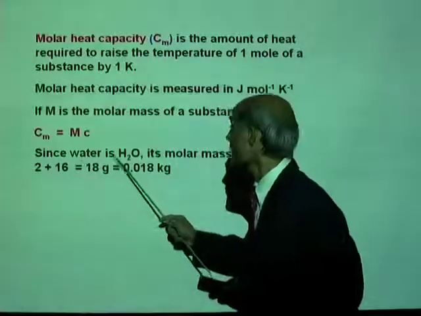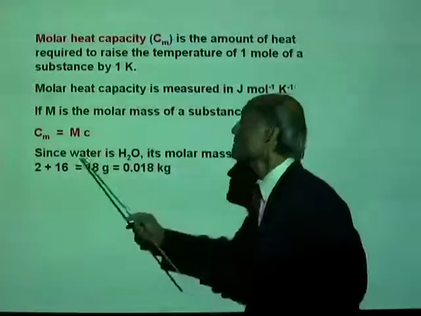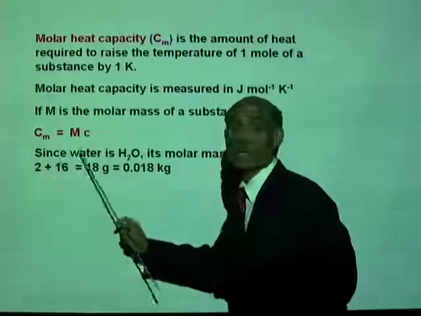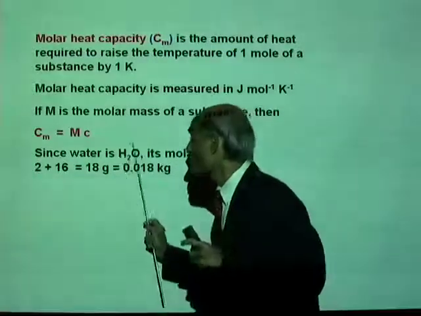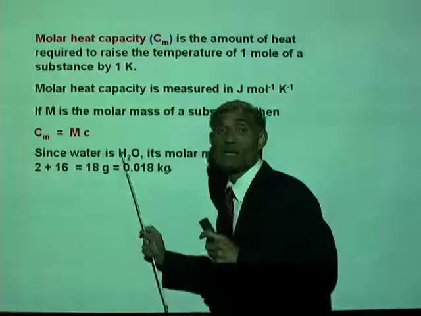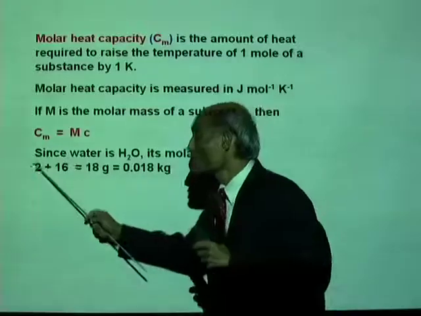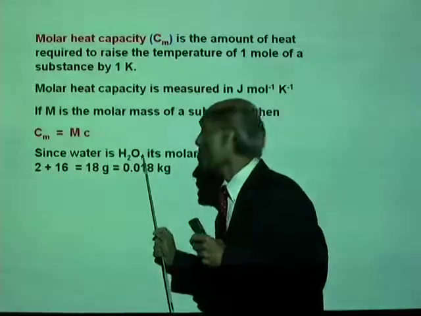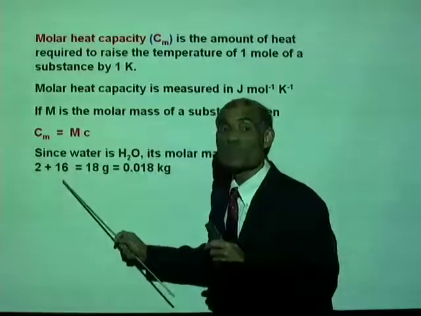Since water is H2O, the molar mass of hydrogen is 2. Now, one water molecule is made up of 2 hydrogens and 1 oxygen. 2 hydrogens is 2, and the atomic weight of oxygen is 16.